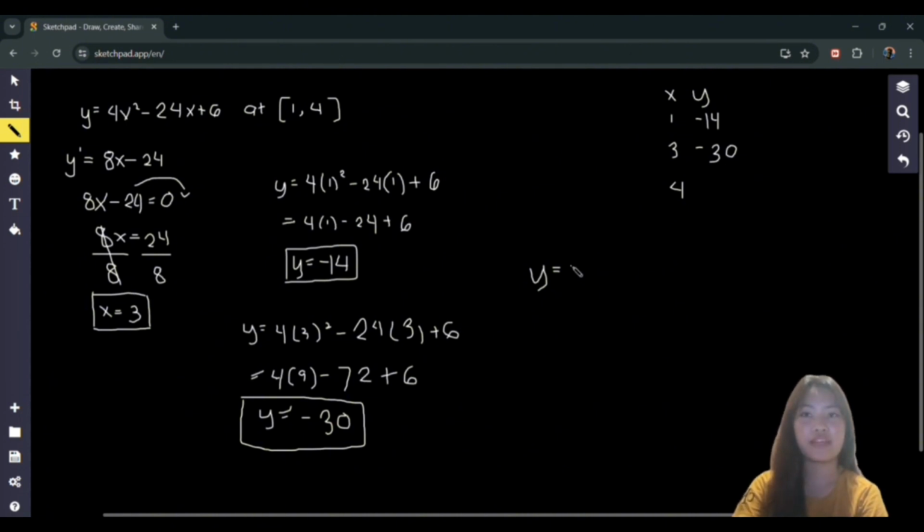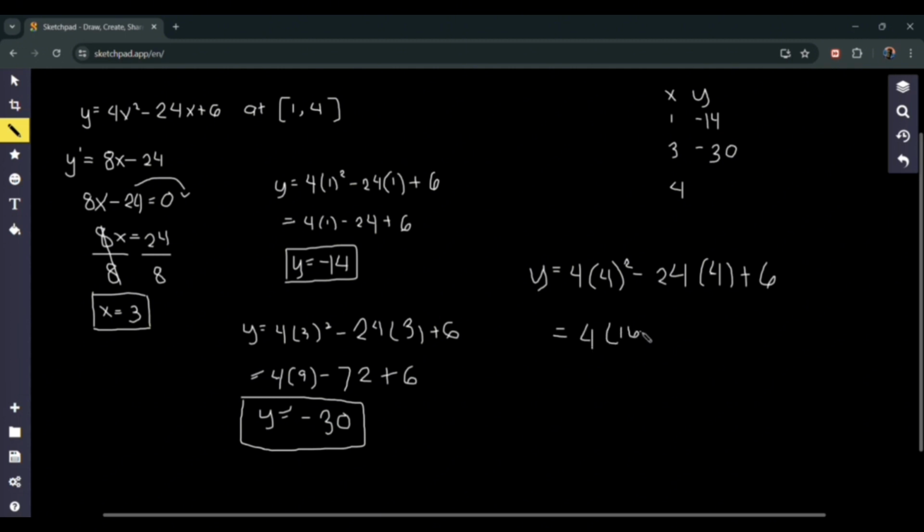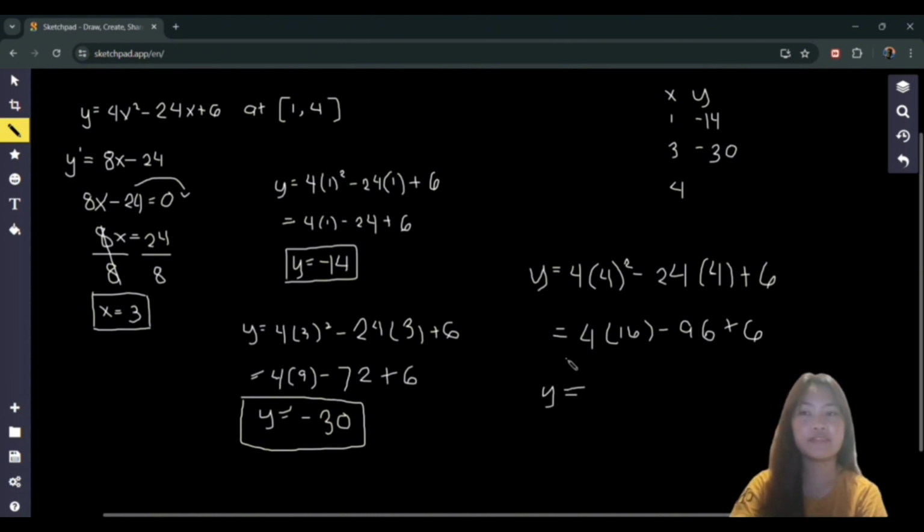Substitute the last value of x to the given equation. Y is equal to 4 times 4 squared minus 24 times 4 plus 6. Solve. And the value of y is negative 26.